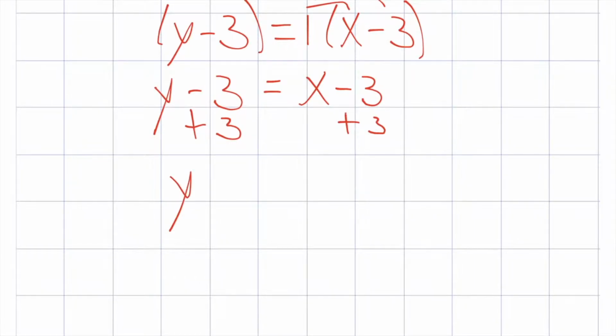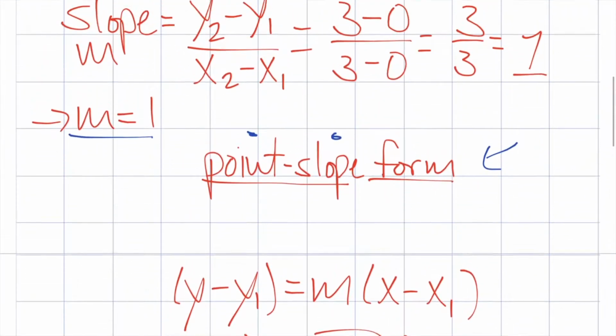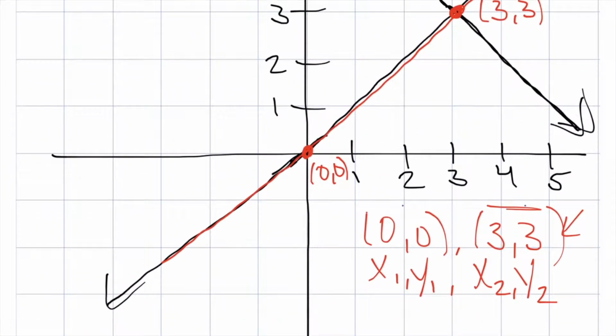And you have y equals x. Okay? And this is the equation for line A. Alright? Now we're not even done yet. We still have more to do. y equals x is the equation for line A, and I can write it right here.